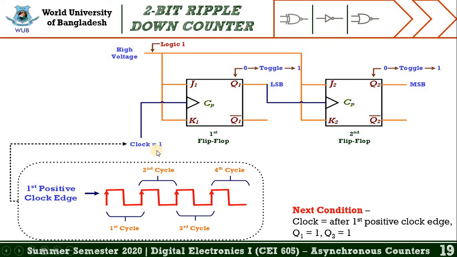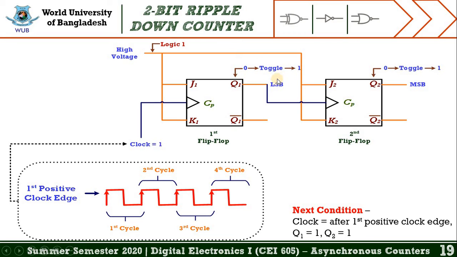If the value of clock is 1, the first flip-flop is triggered, or you can say activated. In that case, we find the value of the first output of the first flip-flop is 1. Why 1? Because in the previous state the value of this parameter was 0.